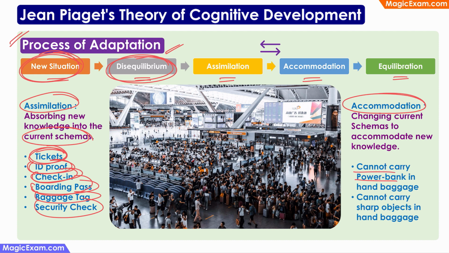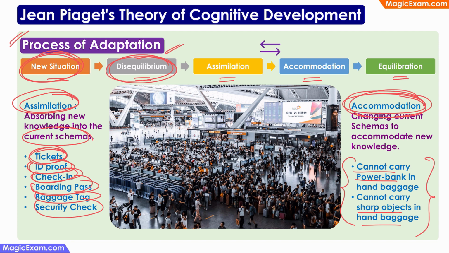I have to make sure that I'm not carrying any sharp objects in my hand baggage. So I have to accommodate, or change my current schema, which says that I can carry anything. I have to change it to tell myself that these are things that I cannot carry in my hand baggage if I'm traveling by flight. Therefore, I assimilate some information and I accommodate some information.